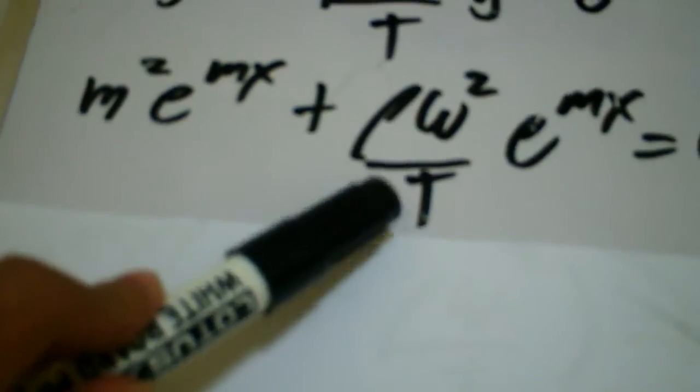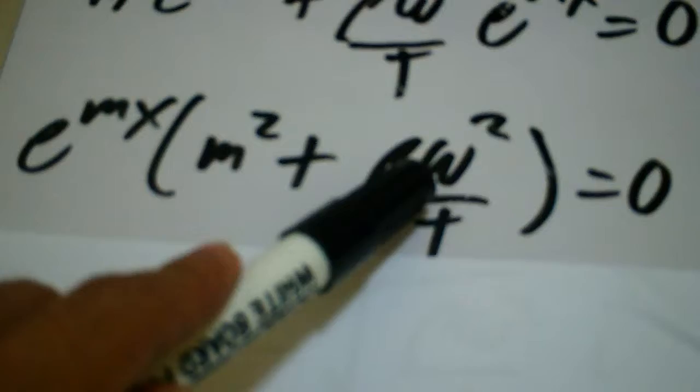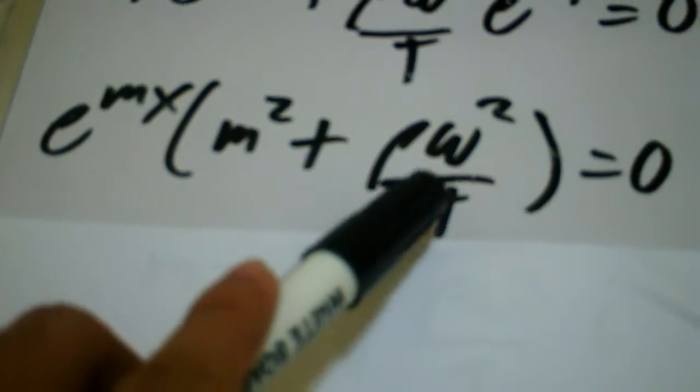So now we will factor e to the mx. We will have e to the mx times m squared plus rho omega squared over T equals 0. Since e to the mx is not equal to 0, we have m squared plus rho omega squared over T equals 0.